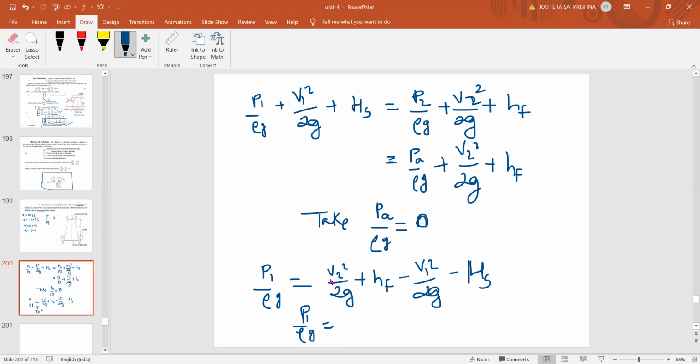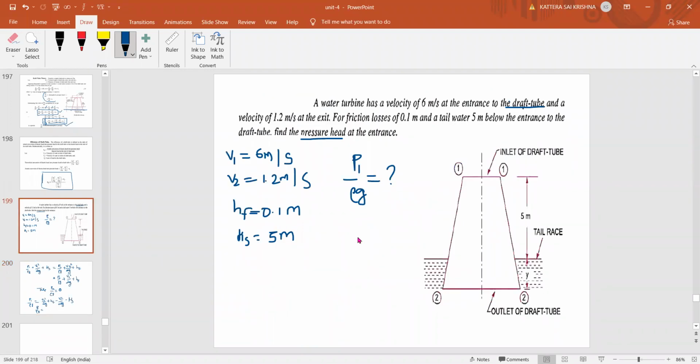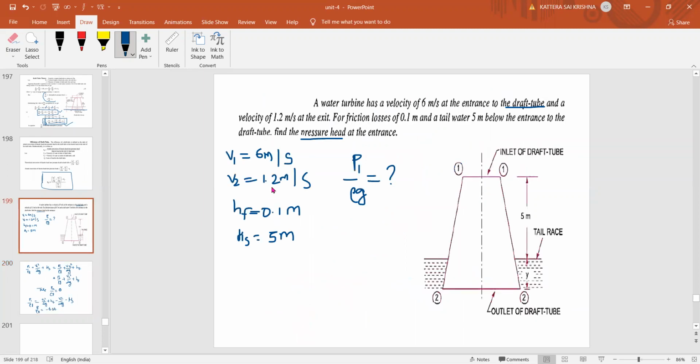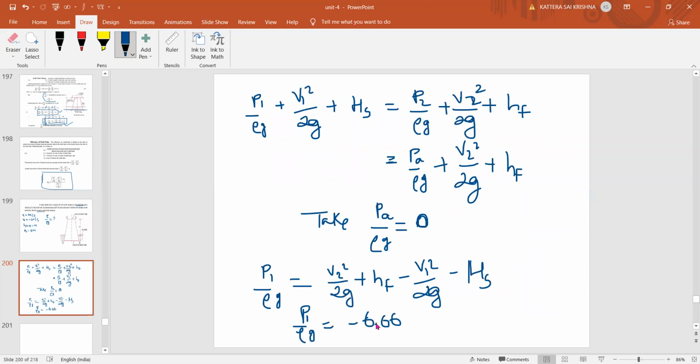What is the V2 value? 1.2. 1.2 squared by 2 into 9.81 plus HF is 0.1. Then it is minus 6.661, sir. Right, that is correct. What have you done? You have not taken the 2g value? No, sir, I took 12, sir. Okay, here you have taken 12. It is 1.2 meter per second. Okay, so it is minus 6.66 meter.